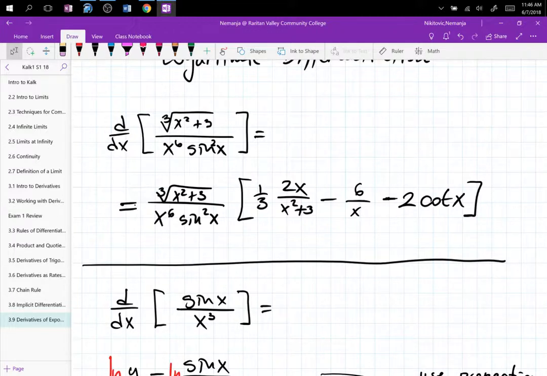Exponent of 1/3 is the p that goes in front of ln. Copy the function in denominator and its derivative on top because it's f prime over f. This one is in denominator, so minus. The exponent goes in front of ln, and I have ln of x. ln of x is 1 over x times the 6 in front, so 6 over x.